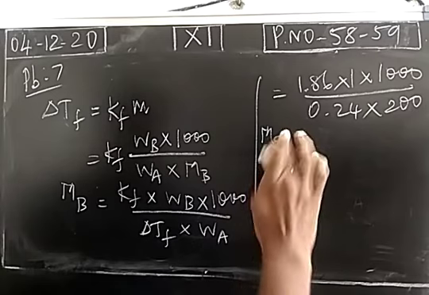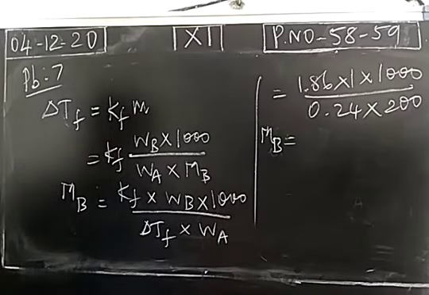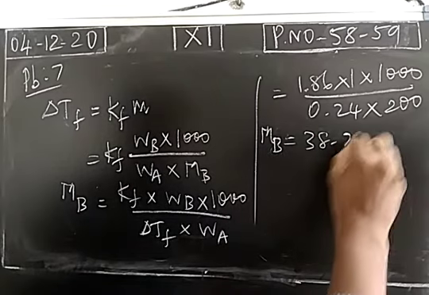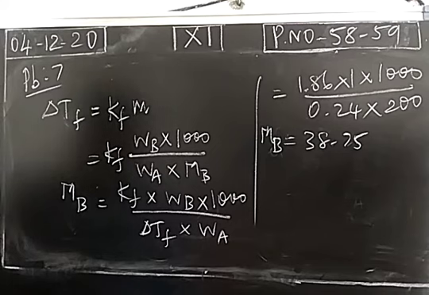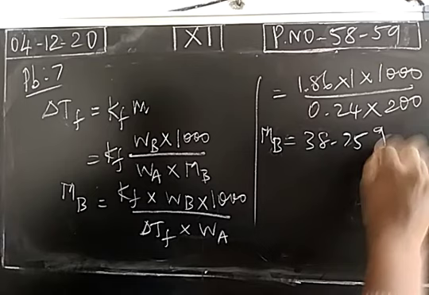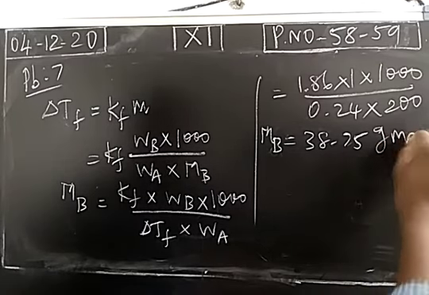So the calculated molar mass of solute is 38.75. This is for sodium chloride. We dissolve sodium chloride in water, 1 gram of sodium chloride dissolved in 200 gram water. So the calculated molar mass is 38.75 gram per mole.